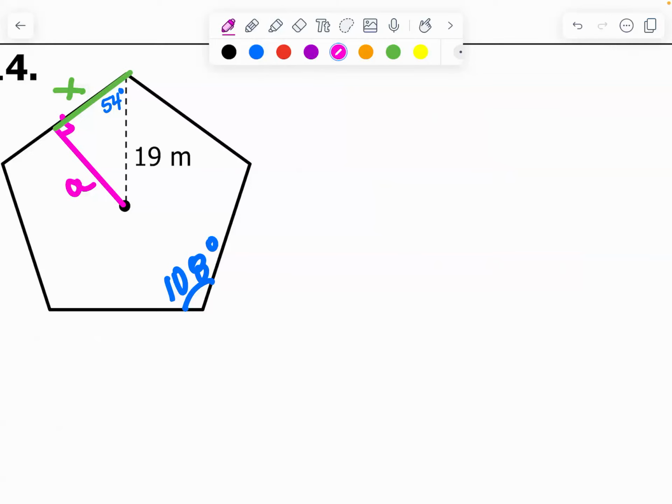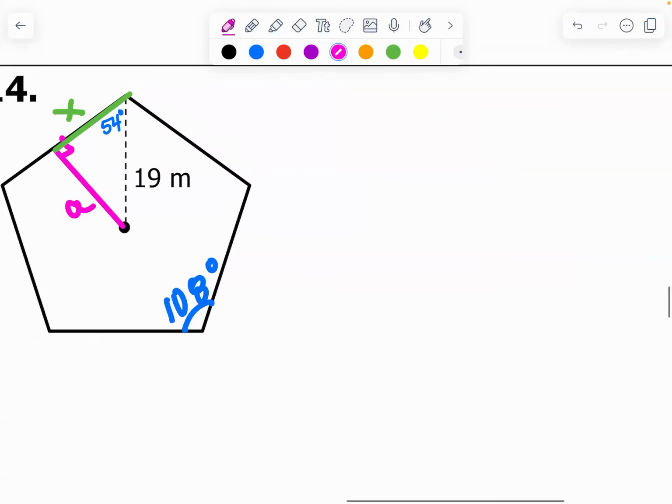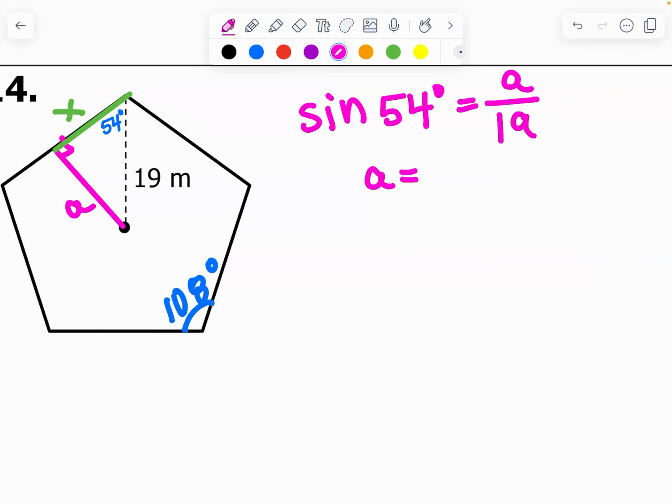The apothem is the opposite side and 19 is the hypotenuse, right? So we need the sine of 54 is opposite over hypotenuse. This is a 19.